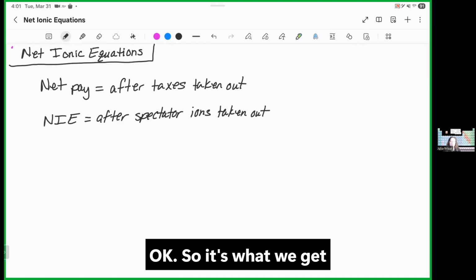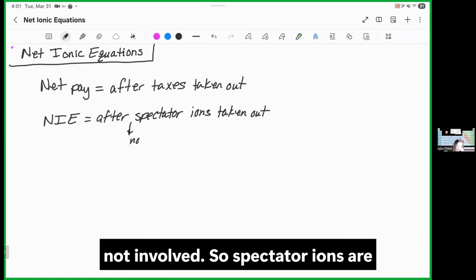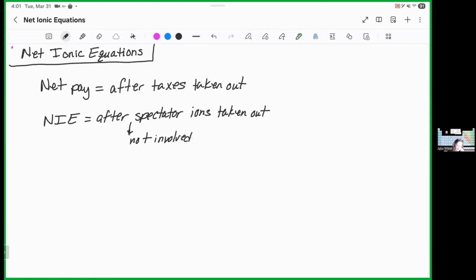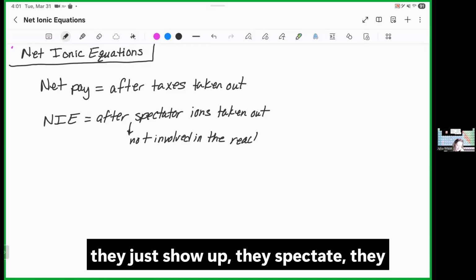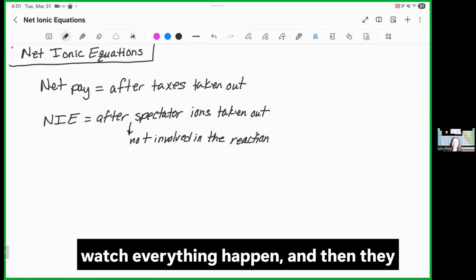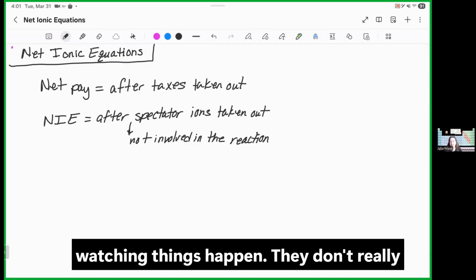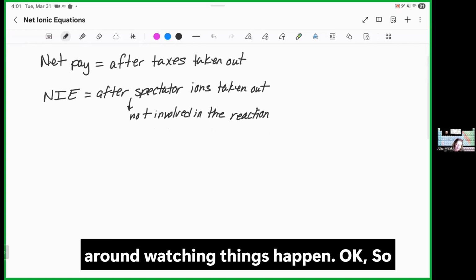Okay, so it's what we get after we take out the things not involved. So spectator ions are not involved in the reaction. Okay, they just show up, they spectate, they watch everything happen. They don't really leave, they're still there. They just sit around watching things happen.